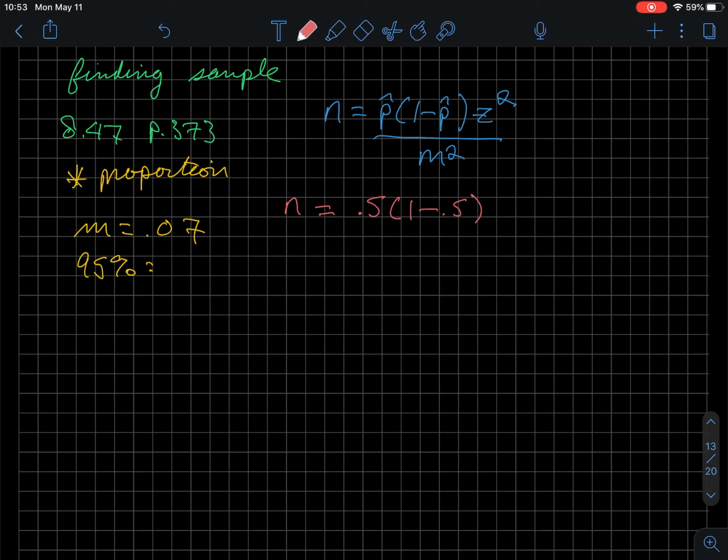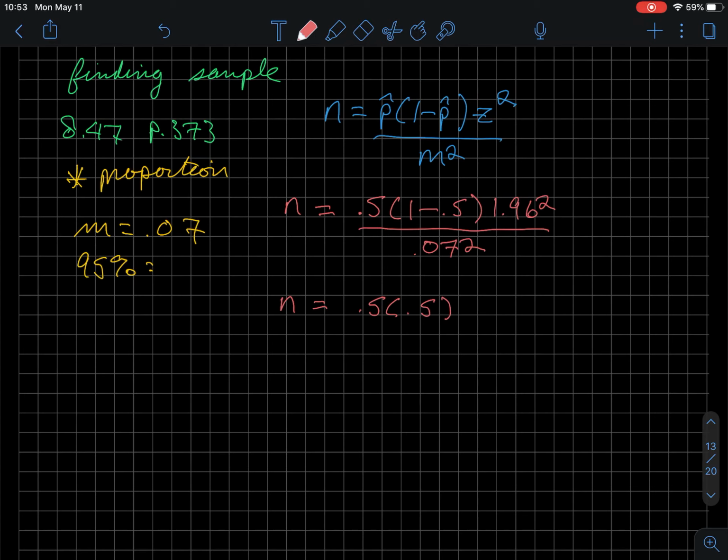And because we're looking at 95%, that z-score is going to be 1.96, so 1.96 squared, divided by the margin of error desired, that is squared, so within 0.07 squared.